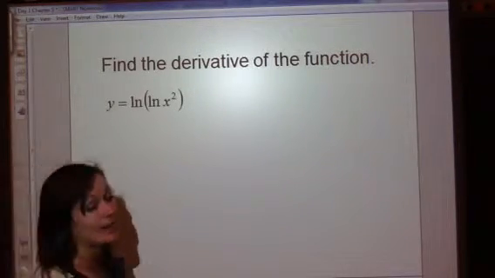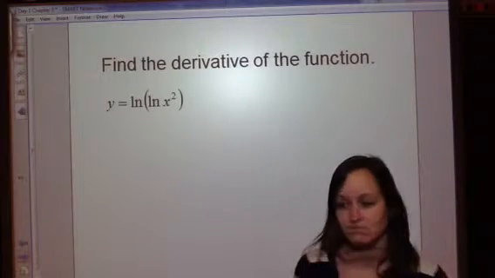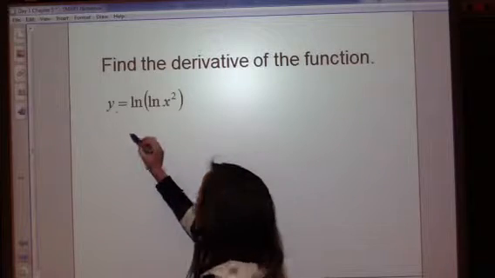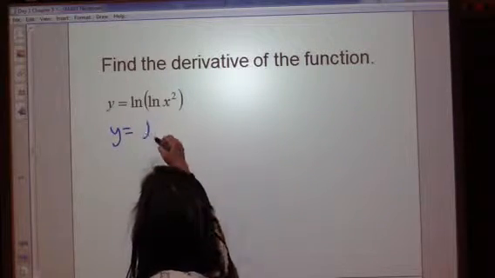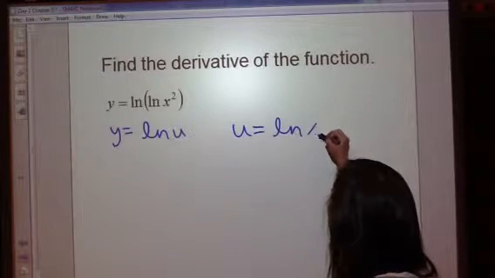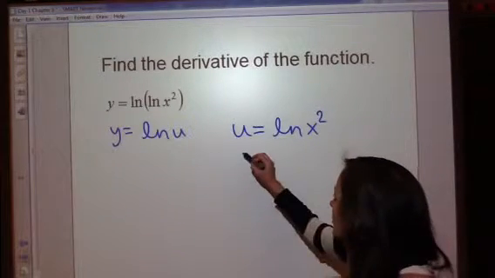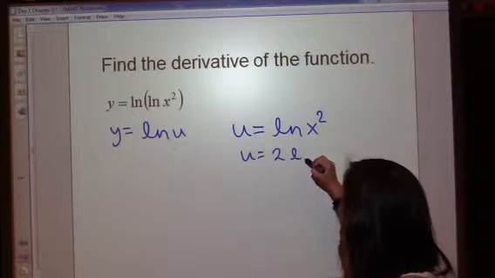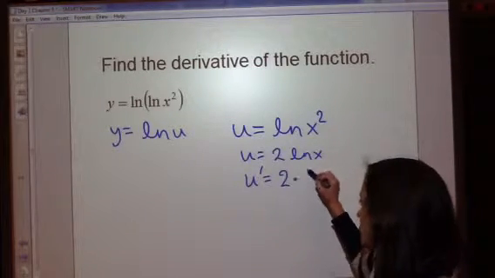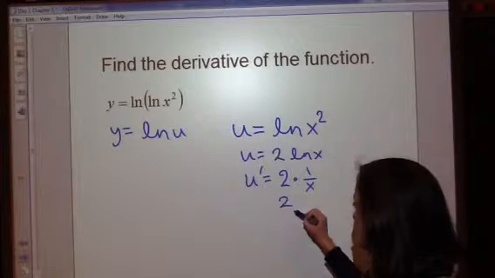So here we got ln of ln x squared. So, can't rewrite, but we can say y equals ln u, where u is ln of x squared. So u is 2 ln x, which its derivative is 2 times 1 over x, which is 2 over x.